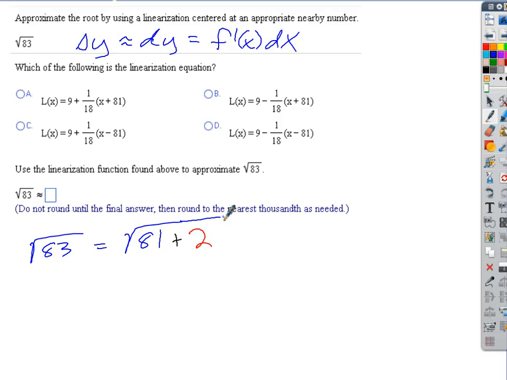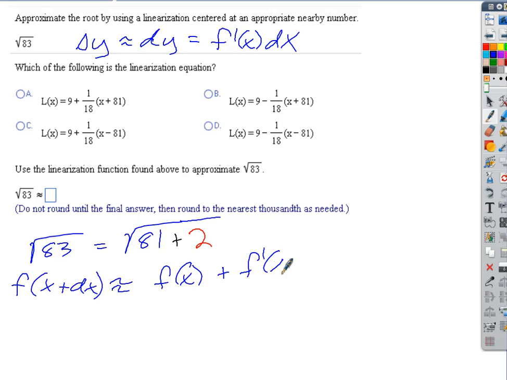Right? We're going to pick a convenient point to evaluate our function at, and then we're going to estimate how much the function changes, how much dy is, the incremental change in the function when we scoot over in the x direction by dx. Right? And this is what the change in y from our convenient spot is always going to be estimated to be. So another way of thinking about that would be like this.